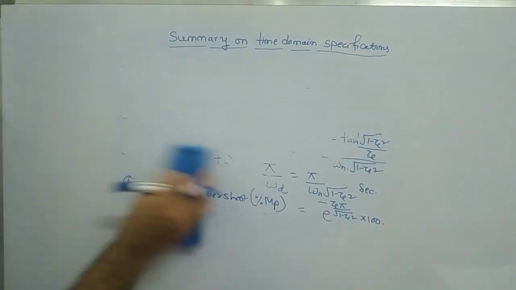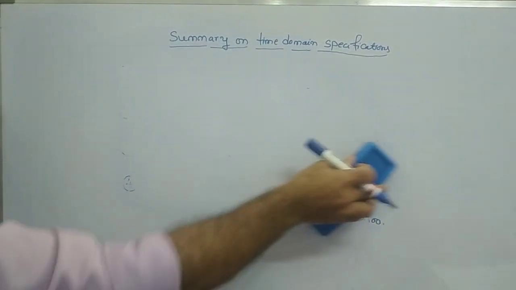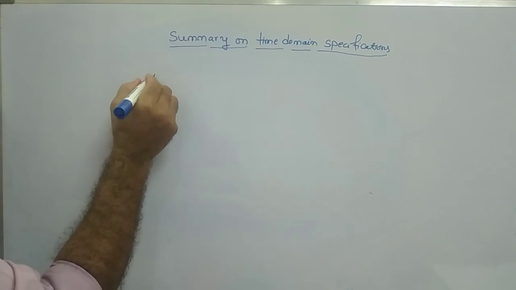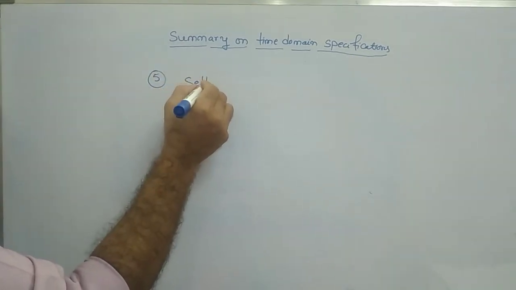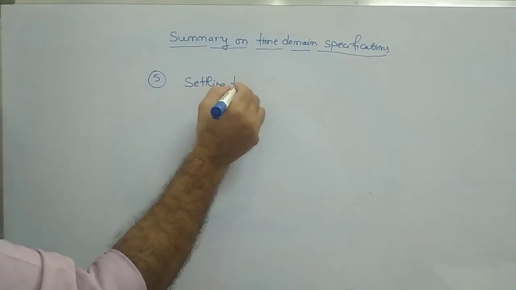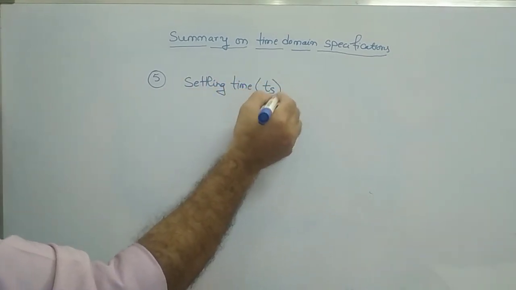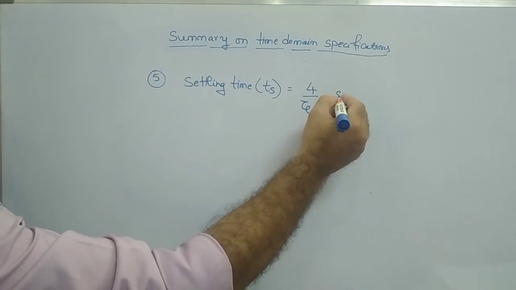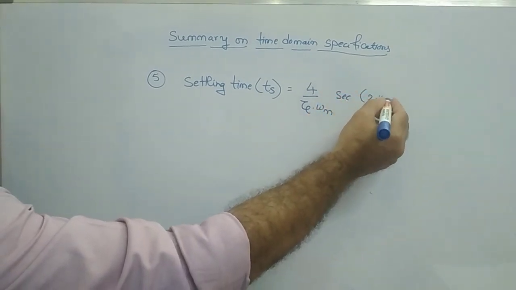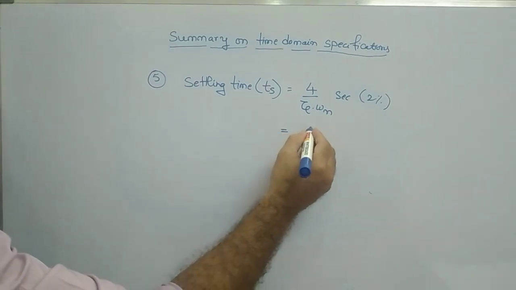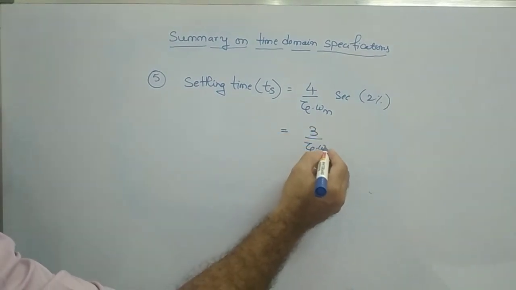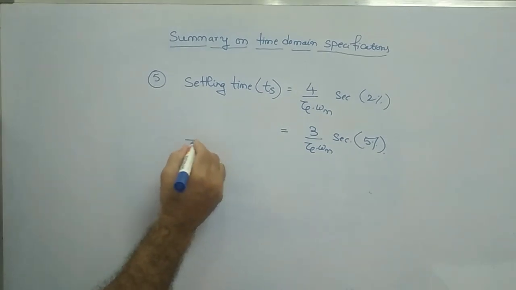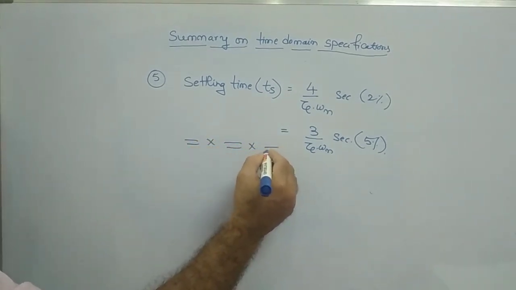The fifth one is the settling time, T suffix S. This is 4 by zeta times omega n seconds for 2% of tolerance band, and it is 3 by zeta times omega n seconds for 5% of tolerance. Clear? So these are your time domain specifications.